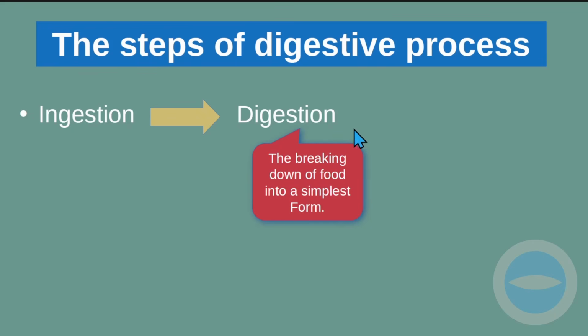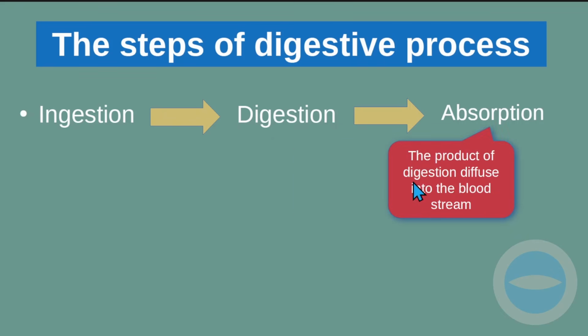Now the next process is absorption, like I just said. After digestion, the food will undergo absorption. The definition of absorption is the products of digestion diffuse into the bloodstream. After digestion, when the products of digestion diffuse into the bloodstream, that process is called absorption, because now our body absorbs those nutrients.